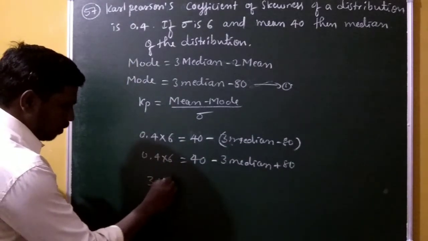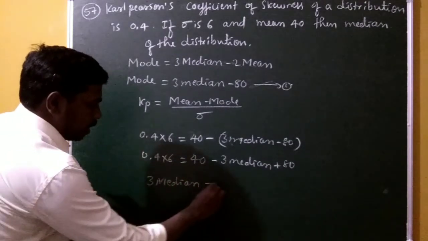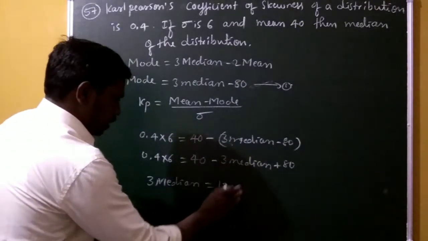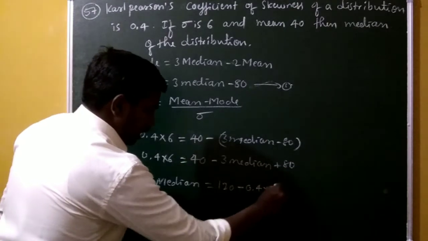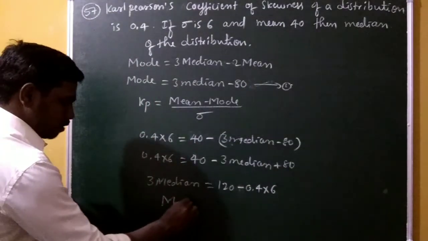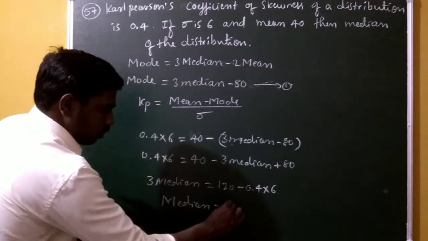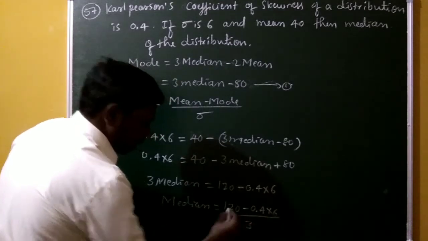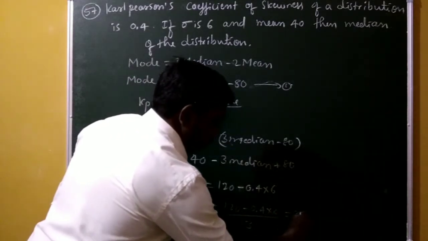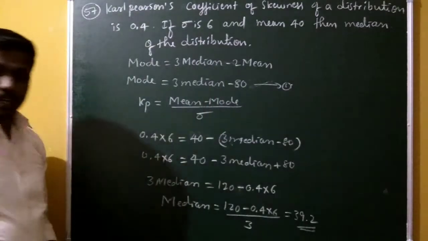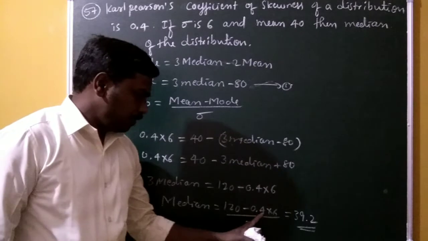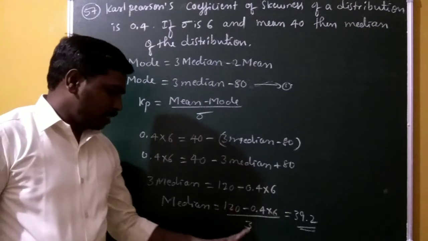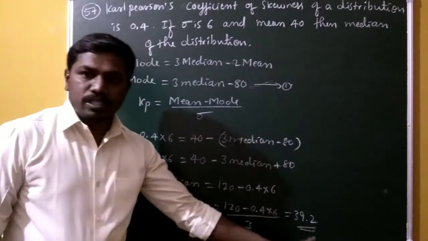So 3 times median is equal to 120 minus 0.4 into 6, since we need the median. So median is equal to 120 minus 0.4 into 6, divided by 3. 0.4 into 6 is 2.4, so subtract that and divide by 3, and 39.2 is the answer.